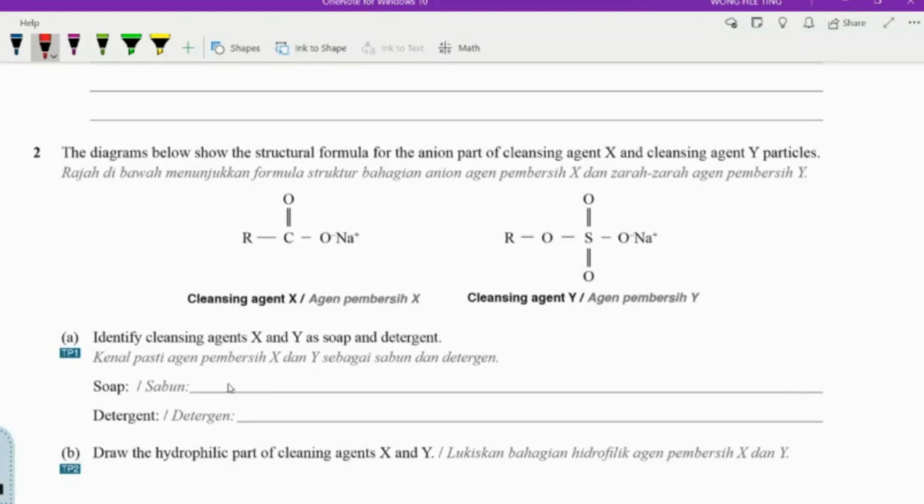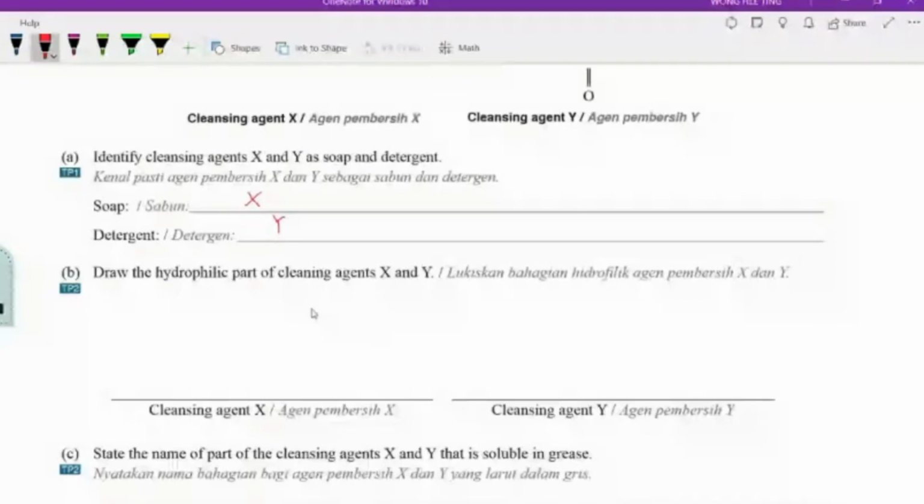Okay, Ellie, which one is soap and which one is detergent? X is soap and Y is detergent. Okay, very good. This one I hope all of you can recognize, at least you can recognize by looking at the functional group.